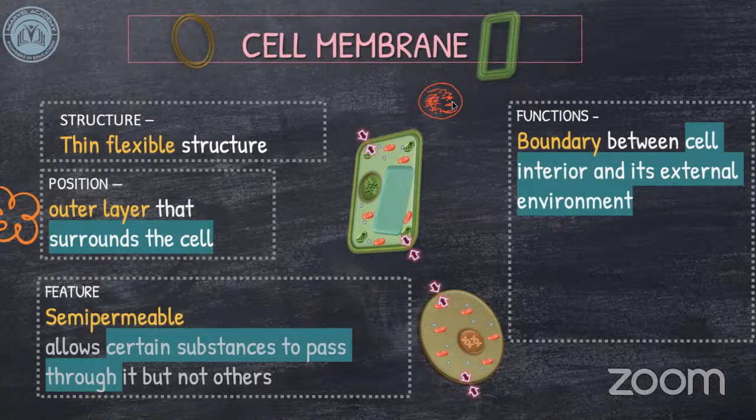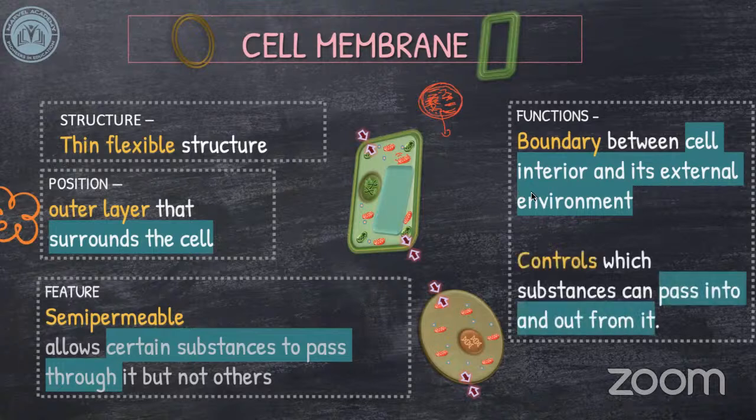What will happen if you release them outside, maybe here? It will start digesting the organelle. So that's why we need a separation between the outside and the inside. That's why we say it is a boundary between the cell interior and the exterior environment. It controls the entry and exit of material. I hope this part is clear. If any questions, please ask.